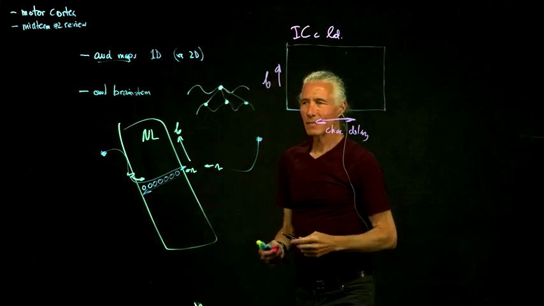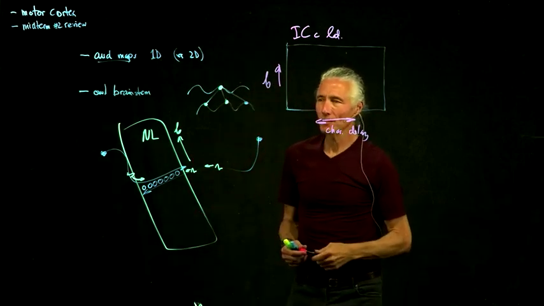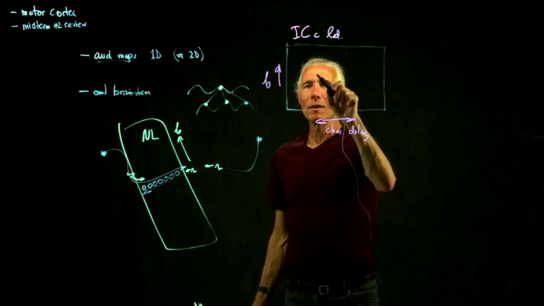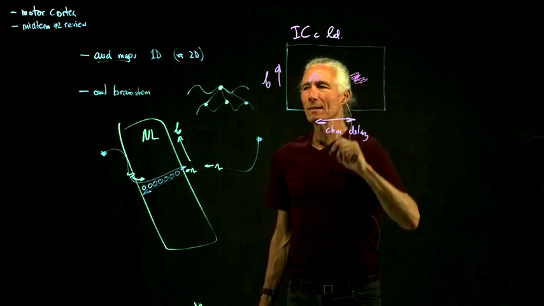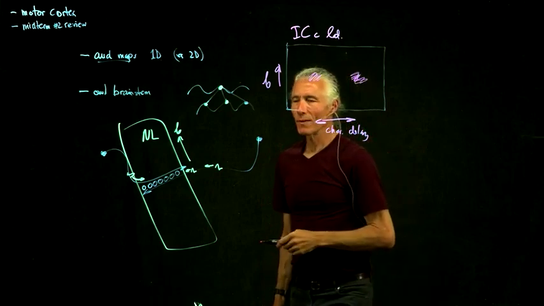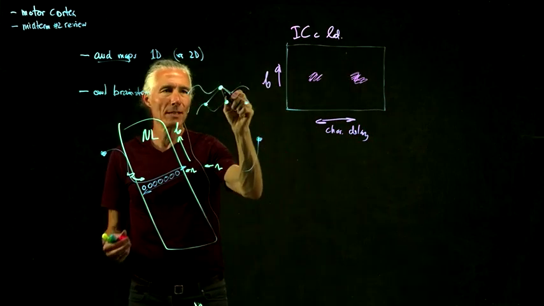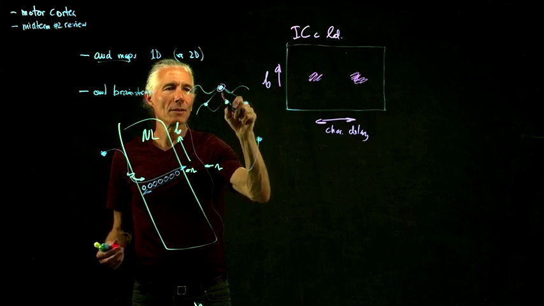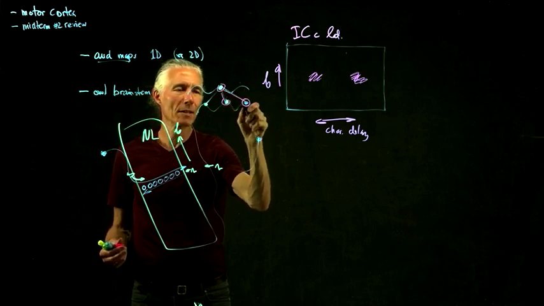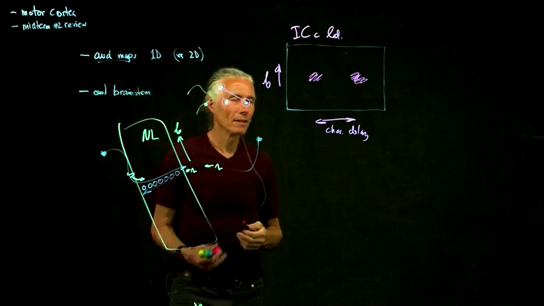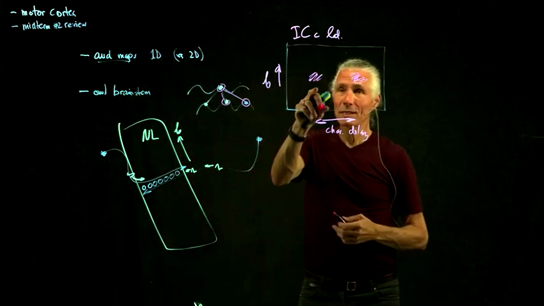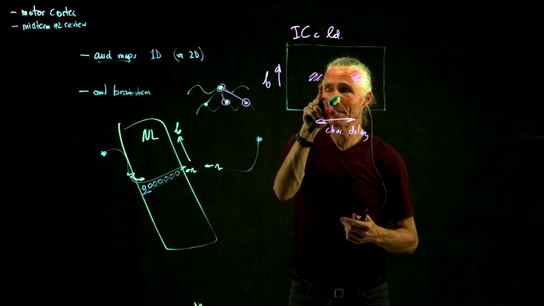And so what we said is if you only have one pitch, you might get several locations in the nucleus that will fire because you matched this guy with this one, and you also matched it with that one. And so you'll end up with two delays. And so you're hosed. If you just got one pitch, you can't figure it out.